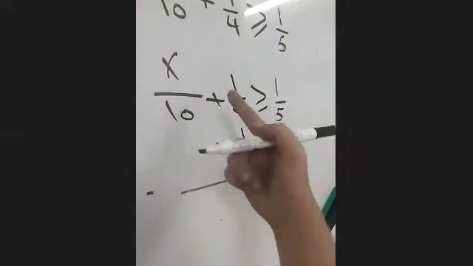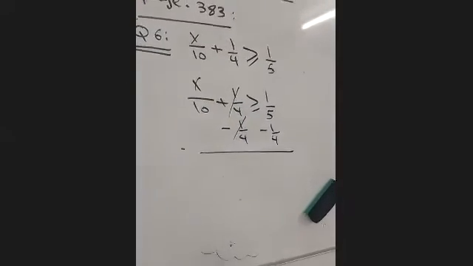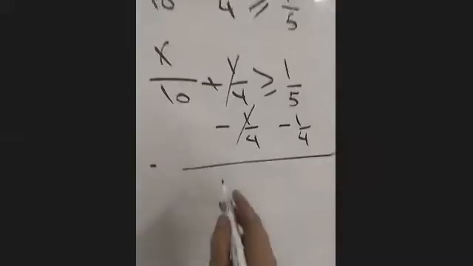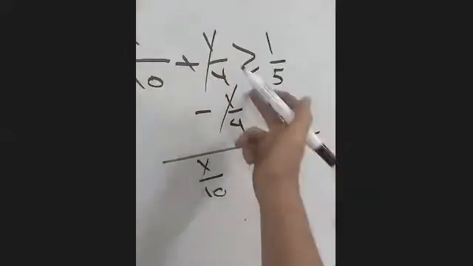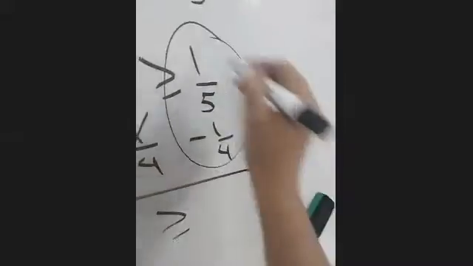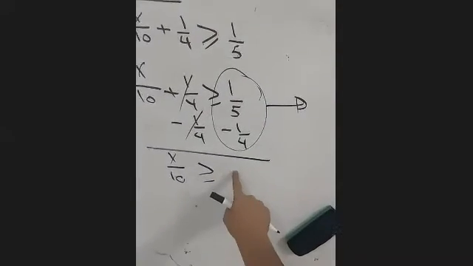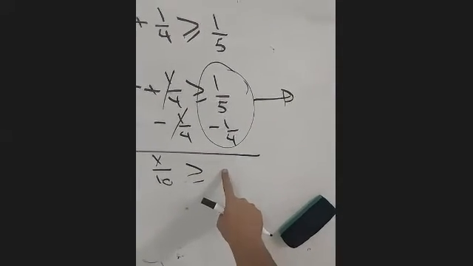Now 1 over 4 minus 1 over 4 are gone. What is still on this side? X over 10. This stays the same, and here we will do the subtraction.